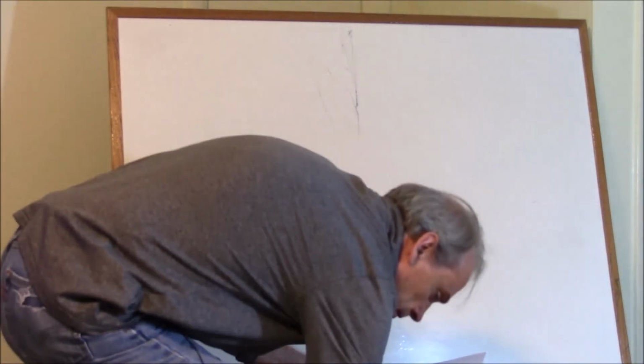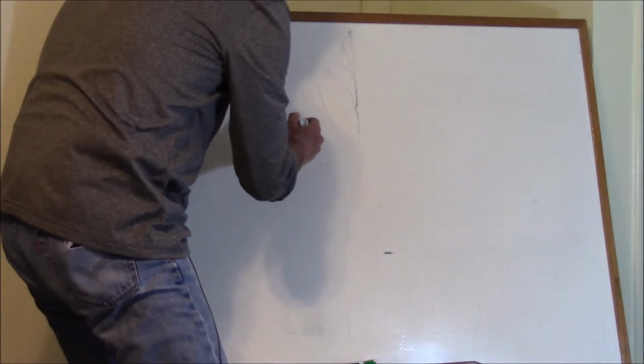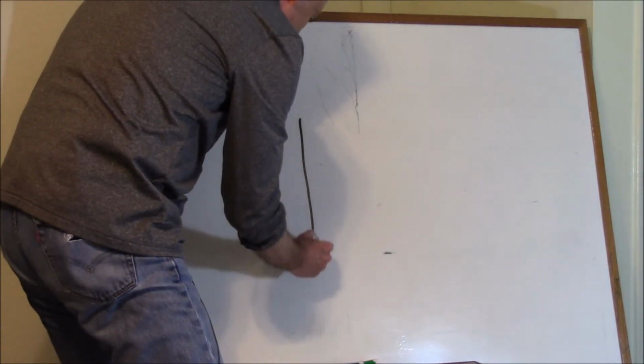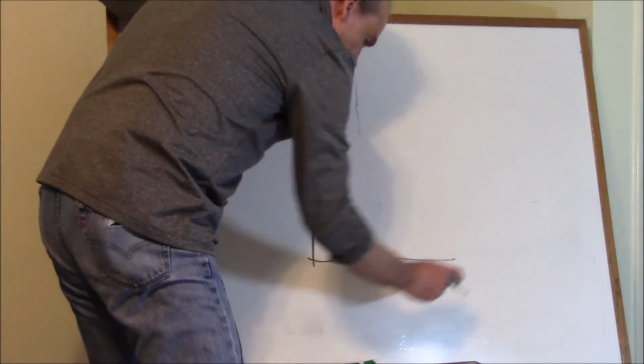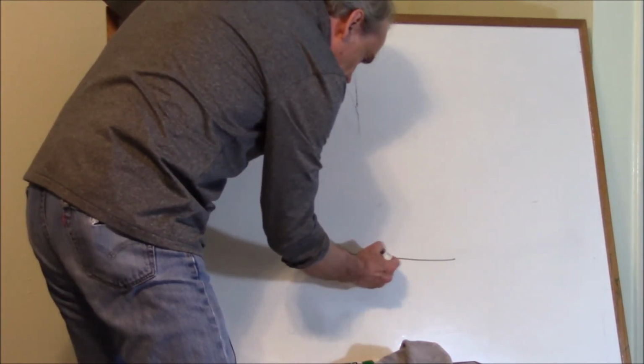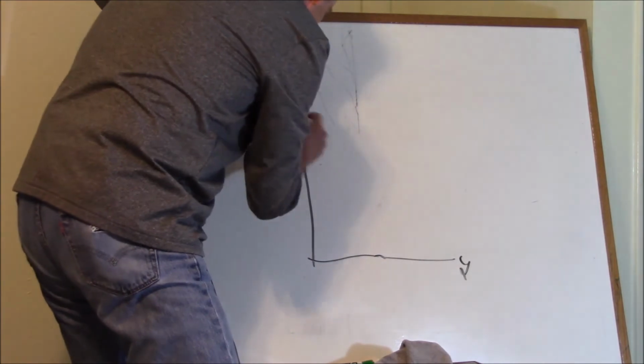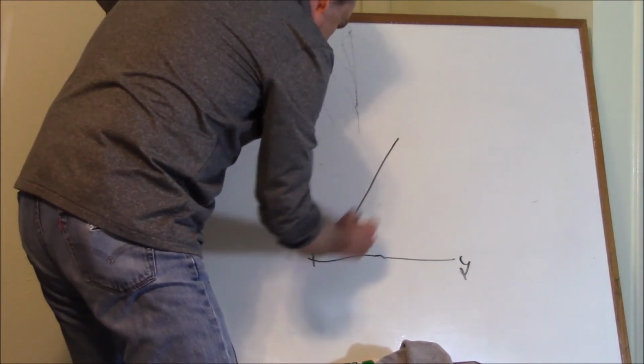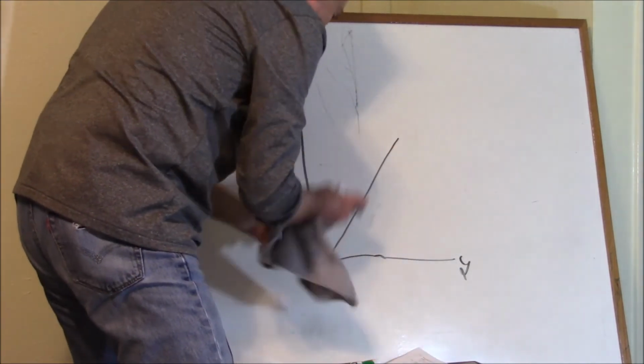All right, so same thing as the other one. Well, let's have a look at that. Y, R. I should draw a steep one and a flat one, shouldn't I?